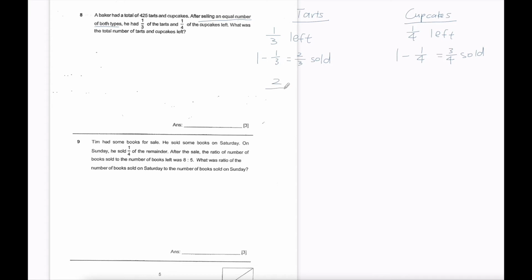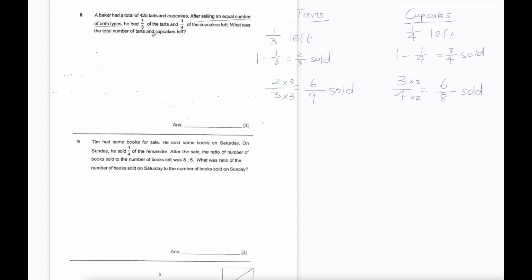So from 2/3, we have to make it 6, so I multiply by 3. So 6/9 sold. And 3/4, I make it 6 by times 2. Got it? So now 6/9 of the tarts sold is equal to 6/8 of the cupcakes sold. Do you see? 6 units and 6 units. They're the same now. Now we can start doing this question.